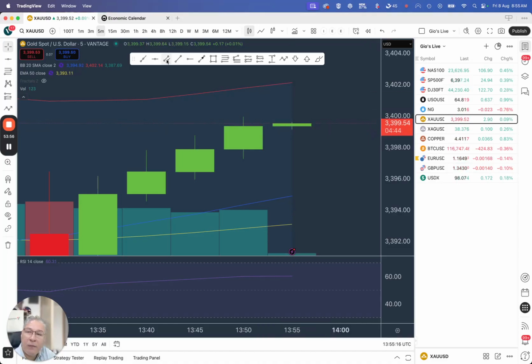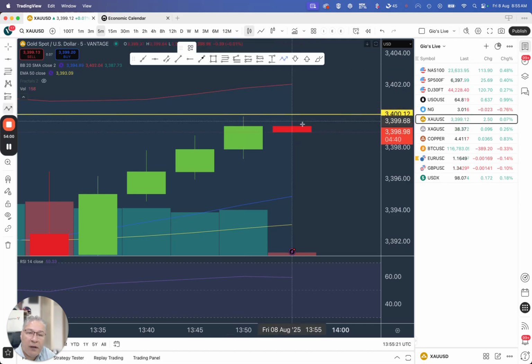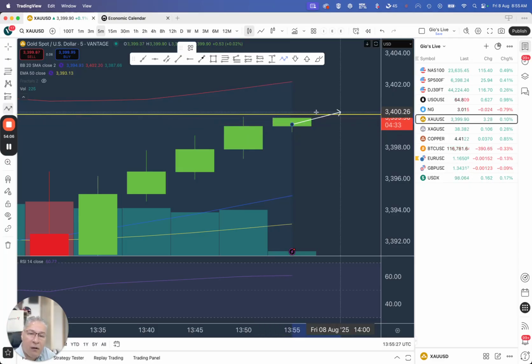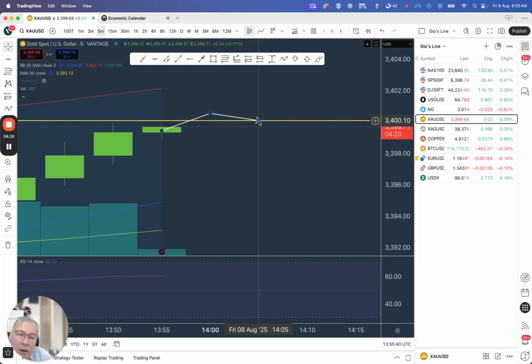So let's say, for example, that we actually do something like this. The market fluctuates higher, penetrates our level, and does a throwback to what was a resistance, now support, right?